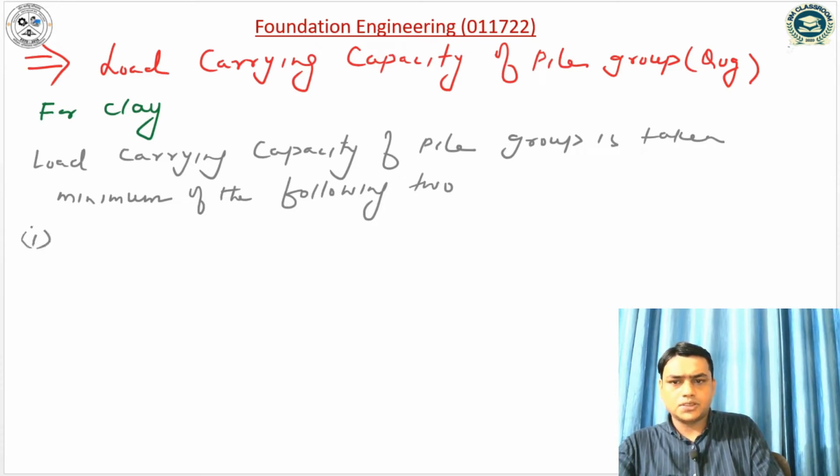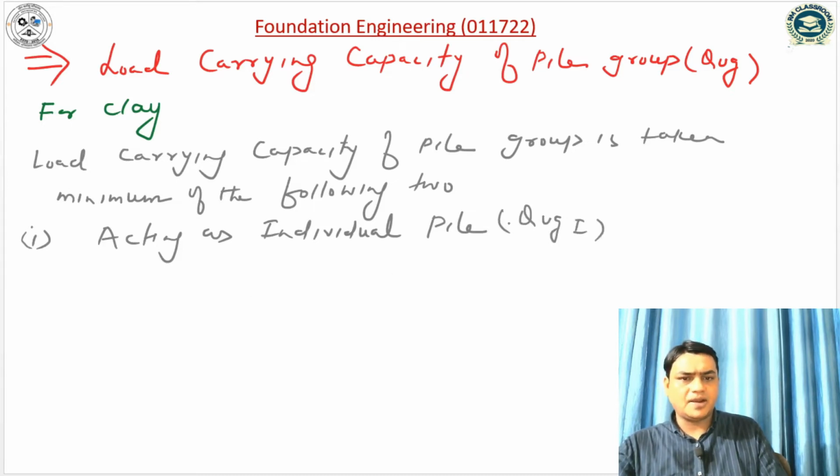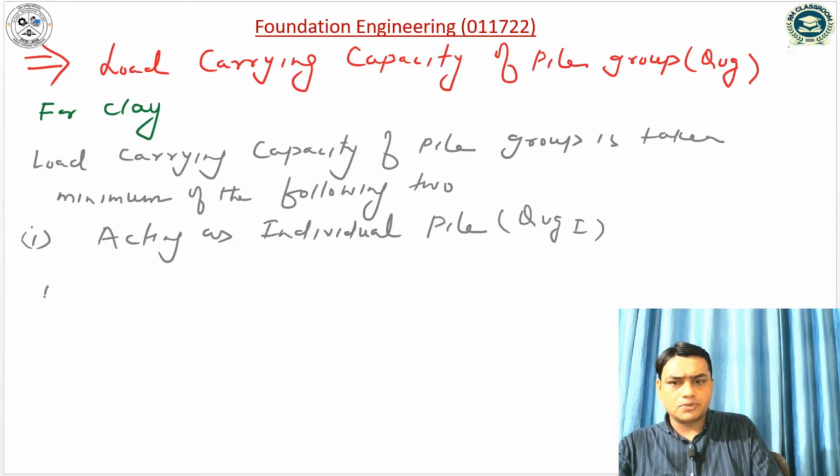The first one is the group acting as individual piles. I have named this the ultimate load carrying capacity of the group acting as individual piles, Qug(i).